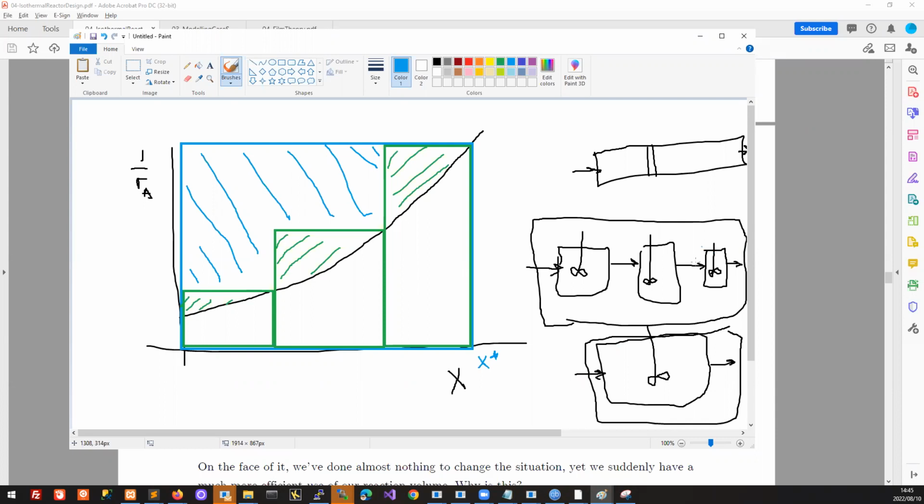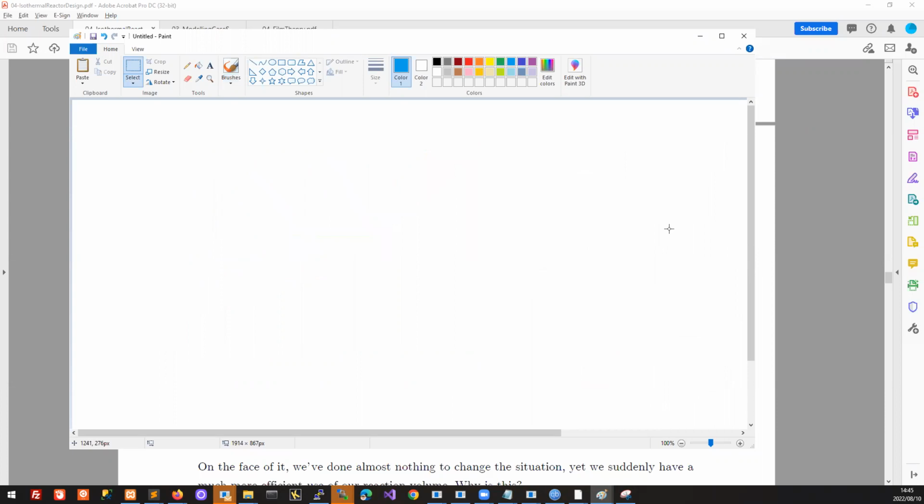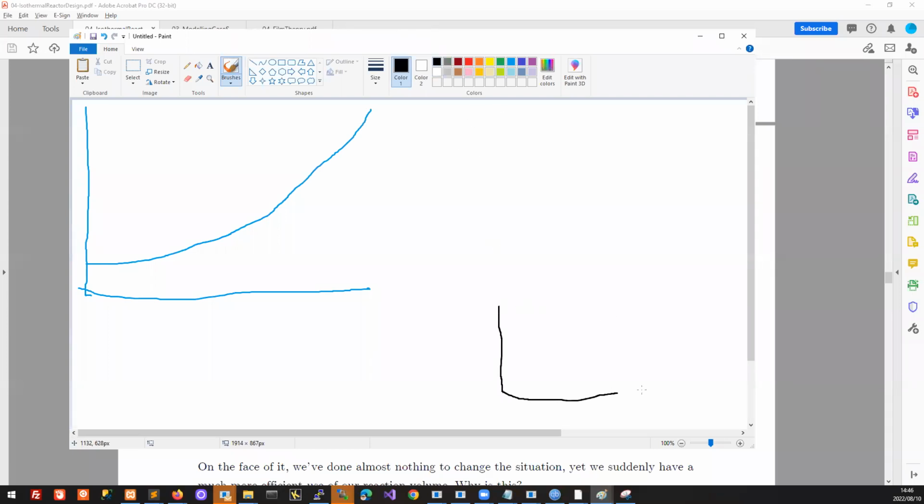Now, what about using many little CSTRs? I'm just going to have to draw the whole thing again. So let's draw a Levenspiel plot again. And we have the one big, let's call it a 50 cubic meter reactor.